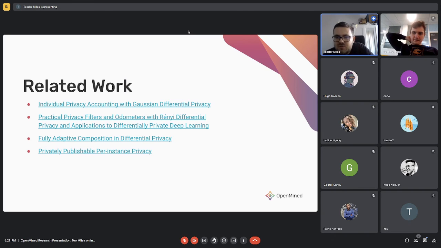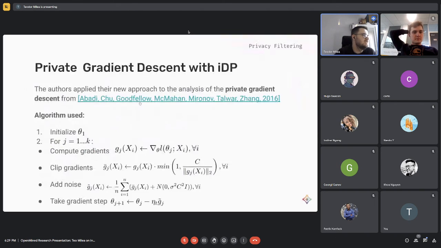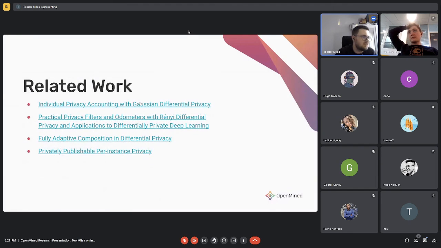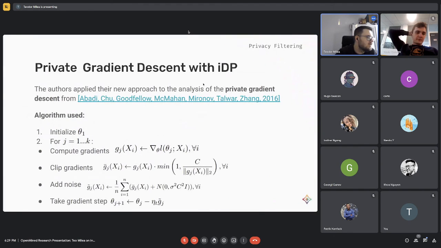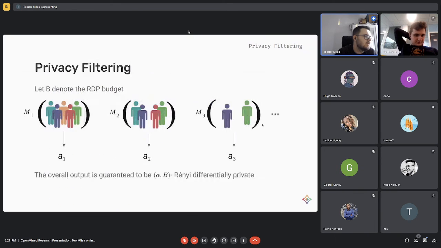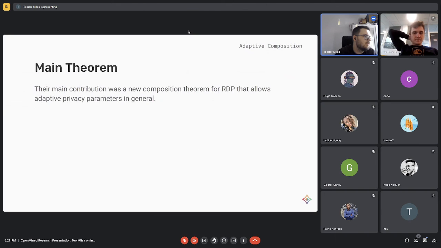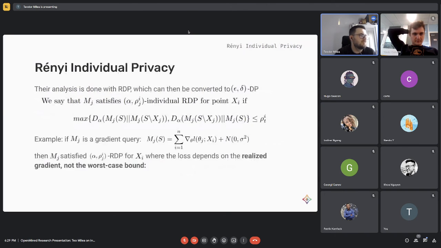What do you mean by the loss of the function, as in the privacy loss of each individual? Yeah. Even so, if we go, okay, here. If you look here, you cannot publish this parameter.